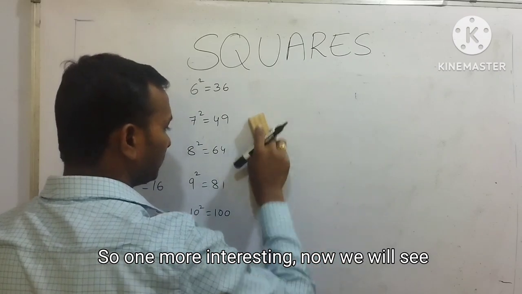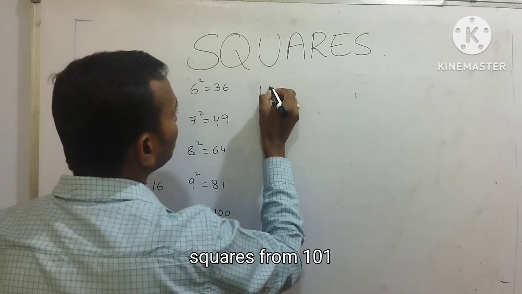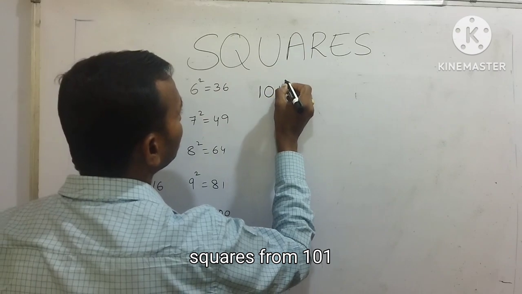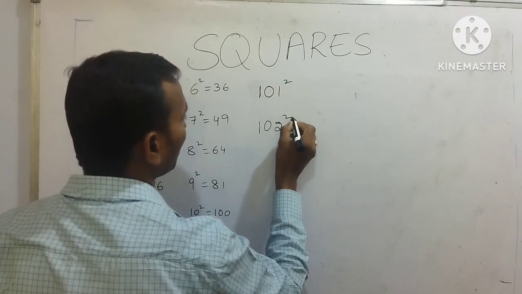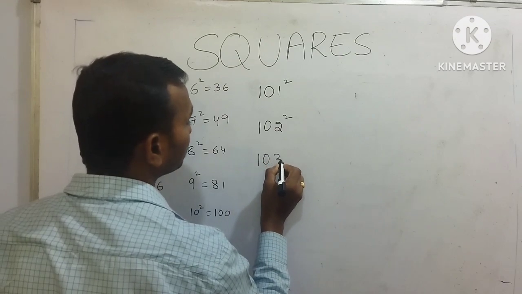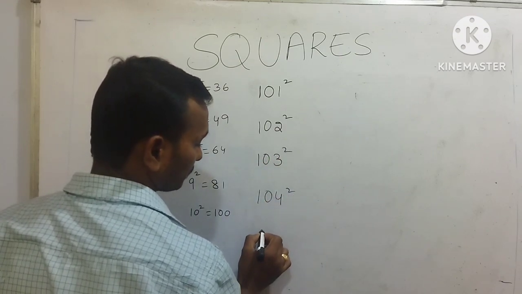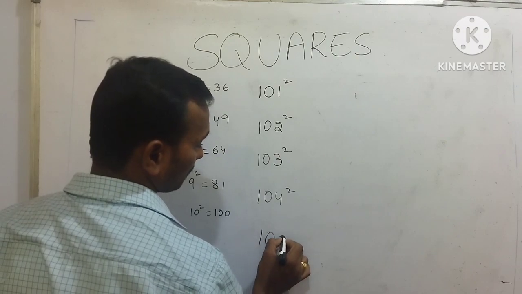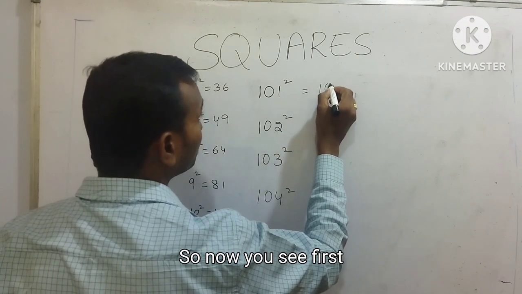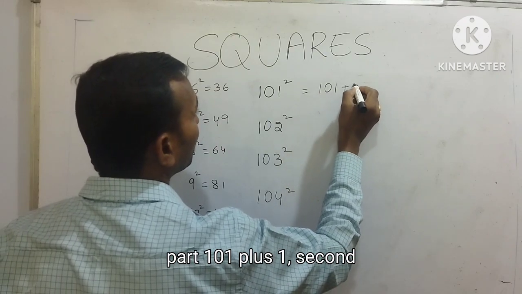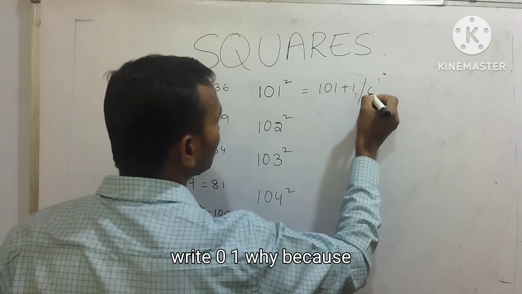One more interesting thing: now we will see squares from 101 square to 109 square, and how to write them very simply. First part is 101 plus 1. Second part is 1 square, which you write as 01. Why?